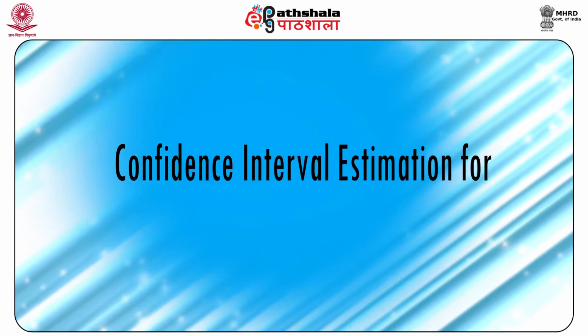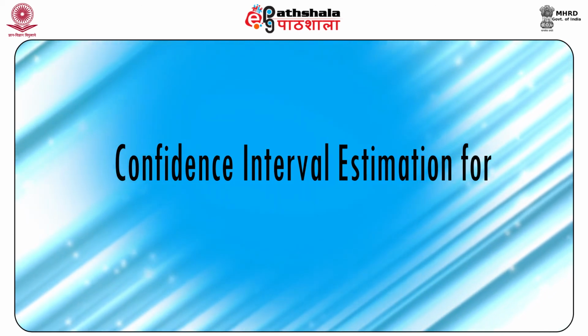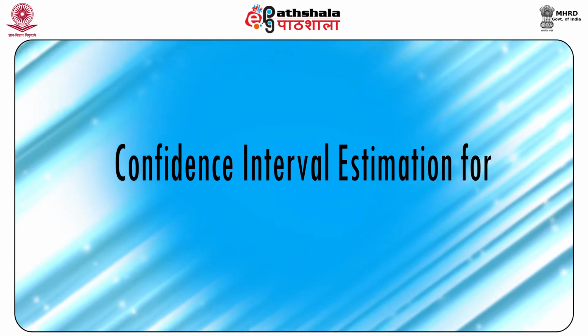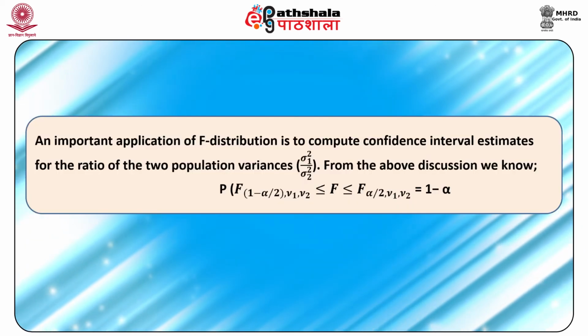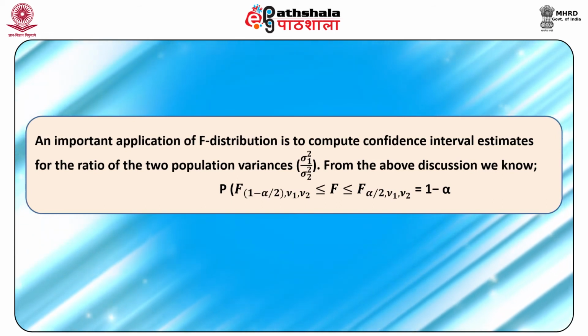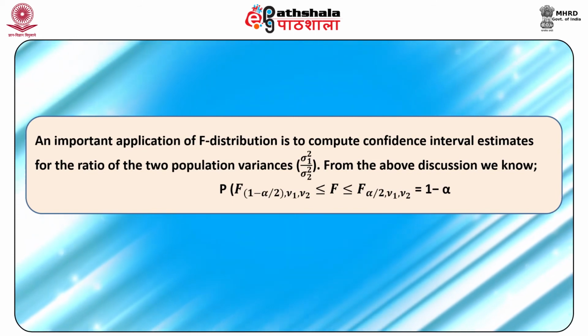Let us now understand the confidence interval estimation for σ1²/σ2² in section 4.2. Another important application of the F distribution is to compute confidence interval estimates for the ratio of two population variances, that is σ1²/σ2².